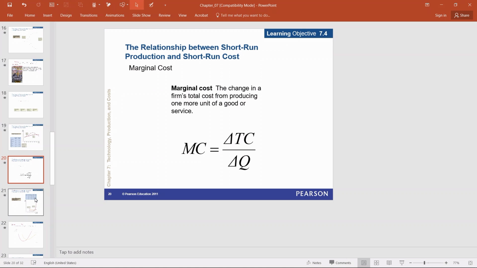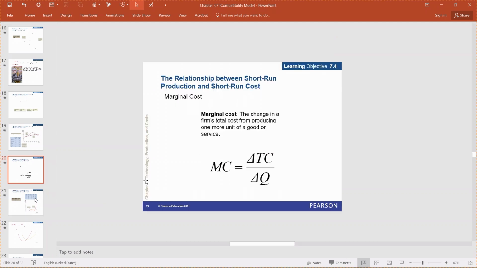Now we'll do more analysis on the cost side. So we will focus on marginal costs and average costs. And this is the formula for marginal cost: change in total cost because of change of one unit in production.